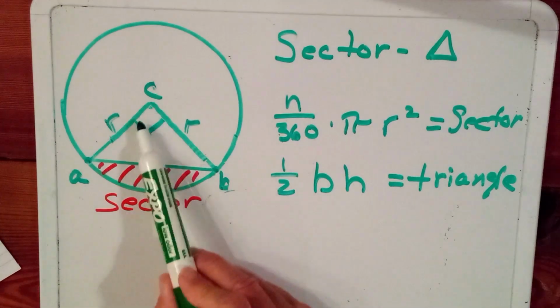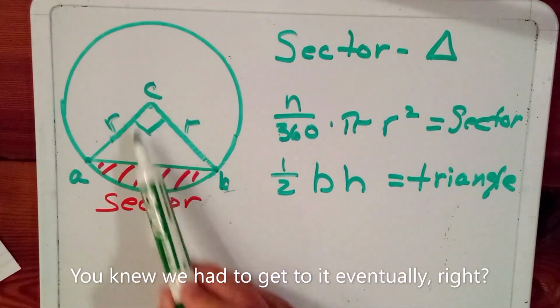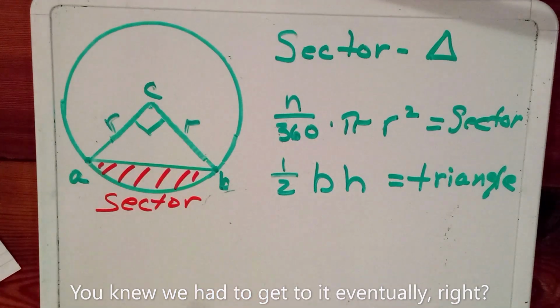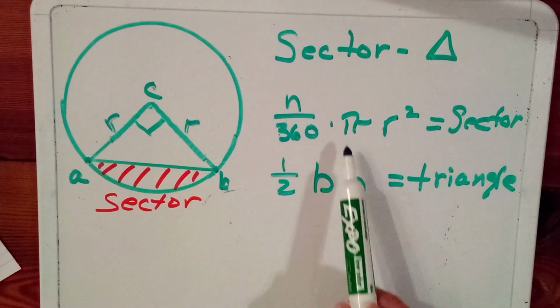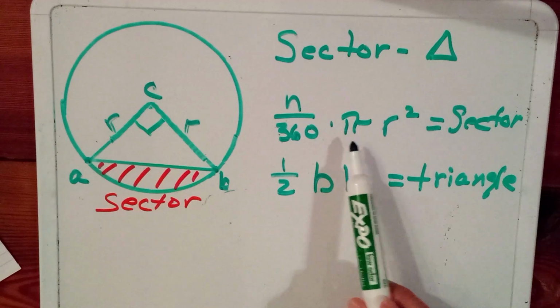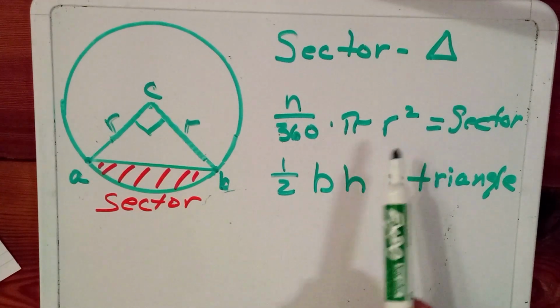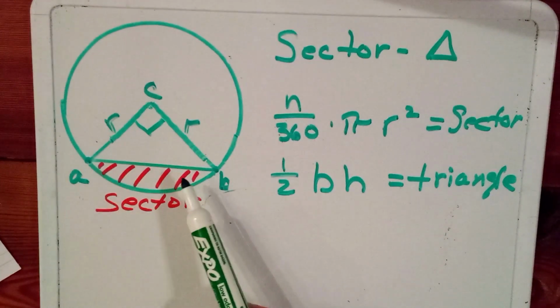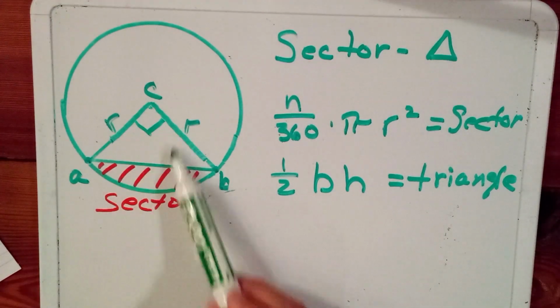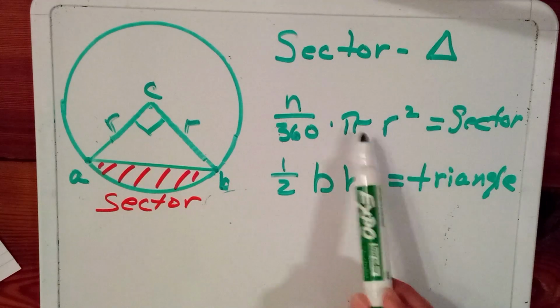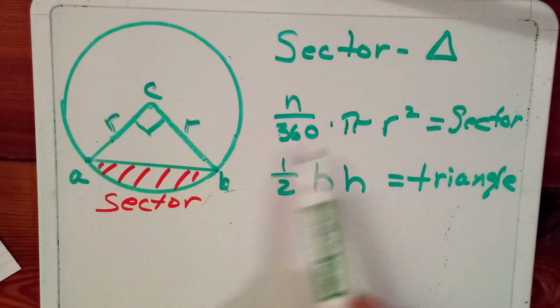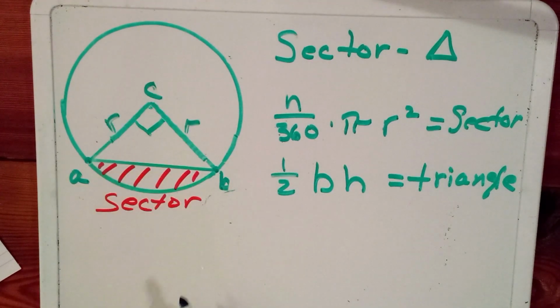N is this angle right here, whatever we are given. In this case, it's going to be 90 over 360. And the remainder of it is the formula for the area of a circle, pi r squared. So we are actually taking the percentage of the circle, this part, times the total circle. And that is our sector area.